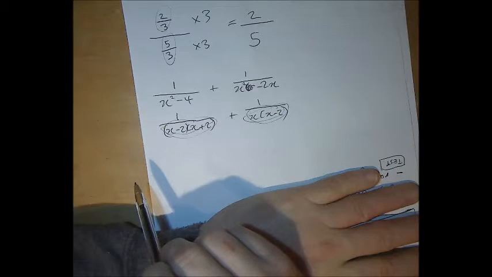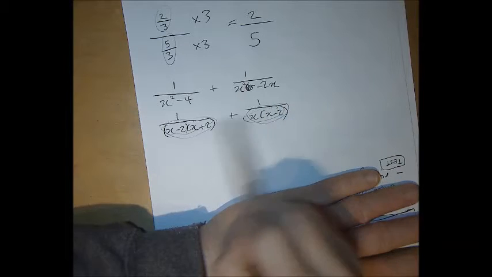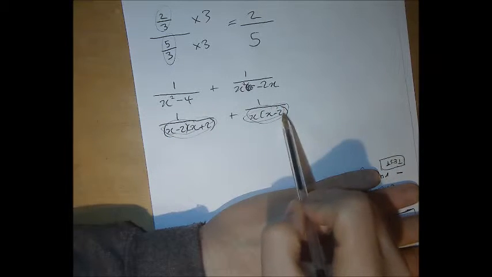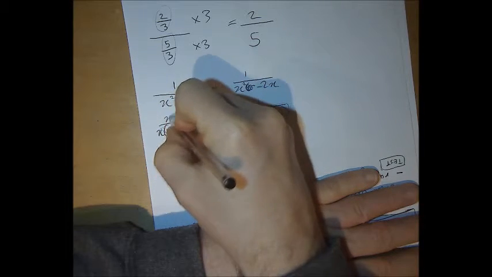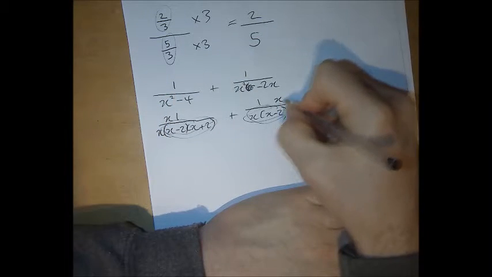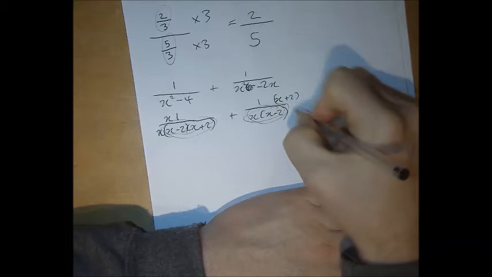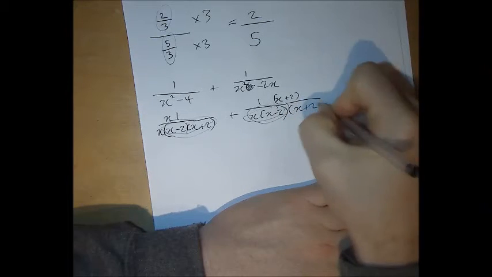And the answer would be if this one had an x as a factor and this one had an x plus 2 as a factor. So just multiply top and bottom by the x and multiply top and bottom by the x plus 2, and then you're away.